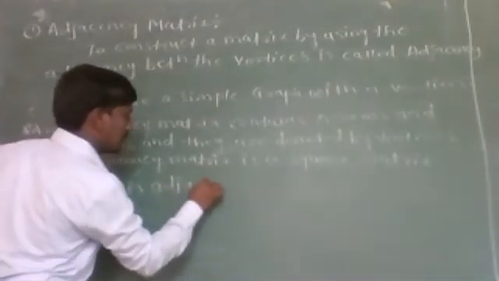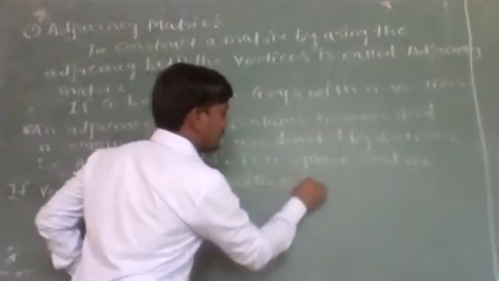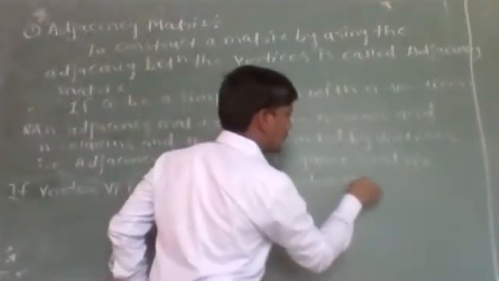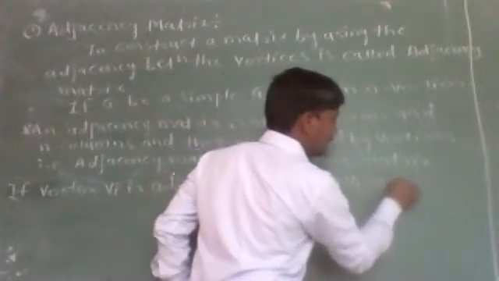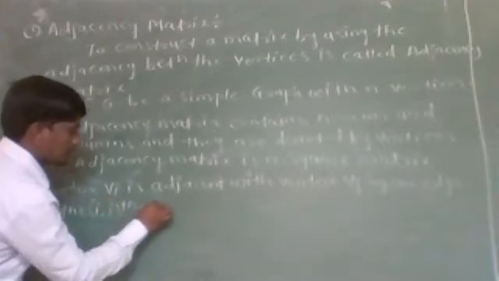Now, suppose a vertex Vi is adjacent with vertex Vj by an edge, then the ij entry of the matrix is 1.